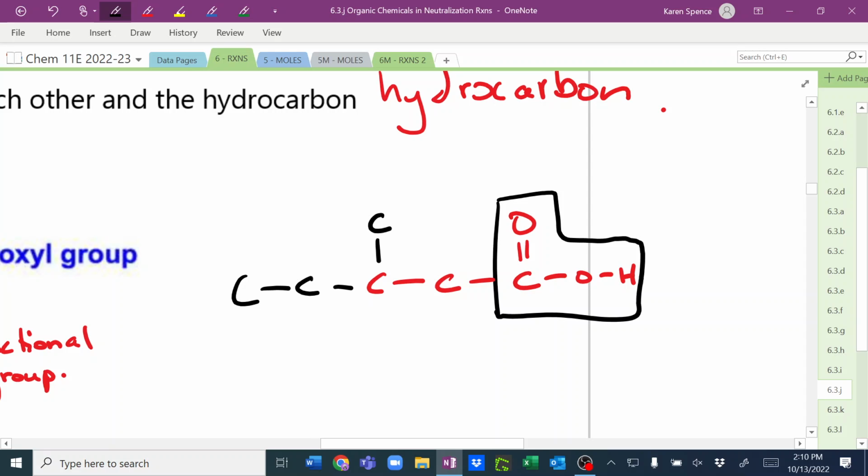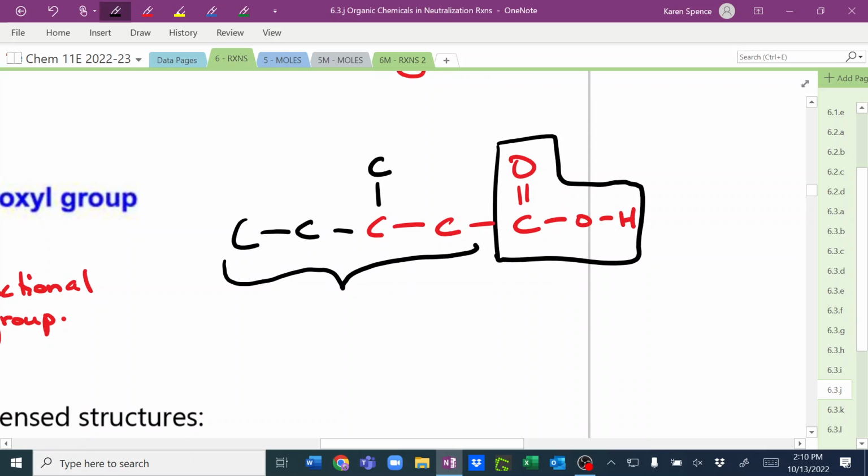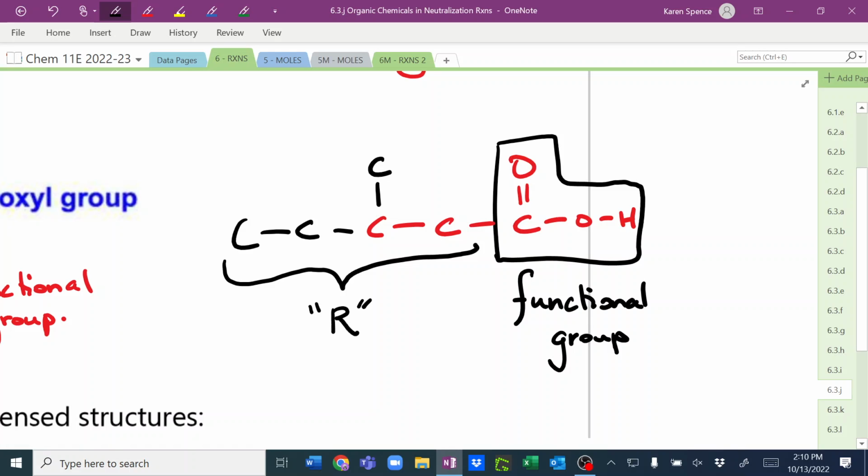But we often refer to this hydrocarbon chain that is attached to the functional group as R. And I always say that just refers to the rest of the molecule. That's how I remember R.